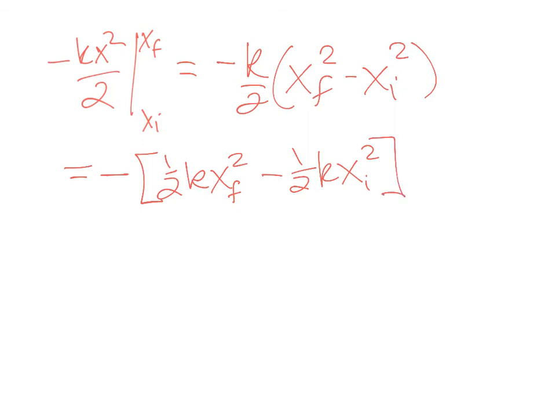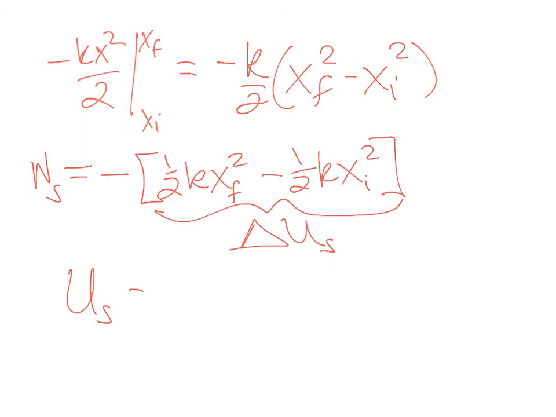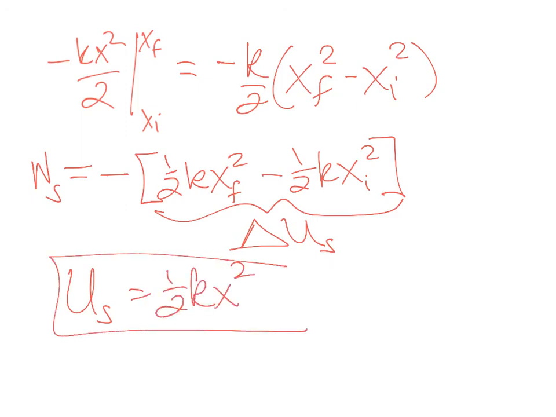Okay? And what do we know? This was the work done by the spring, and it's supposed to be equal to negative delta U. So that must mean that our spring potential energy has this form, okay?